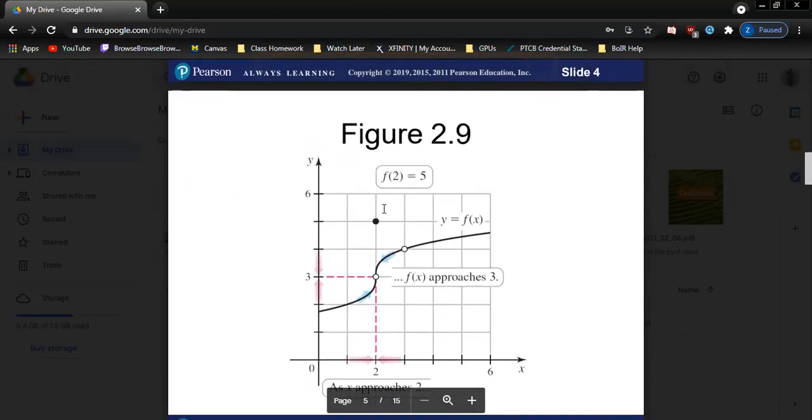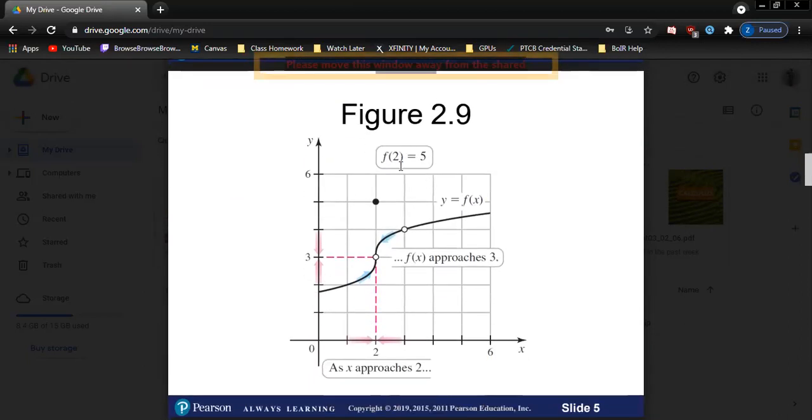All right, here you go. In the next slide, we have f of 2 equals 5. Since we can see at 2 we have a defined value, this black circle, and if we go to our left, we can see it's approaching 5.